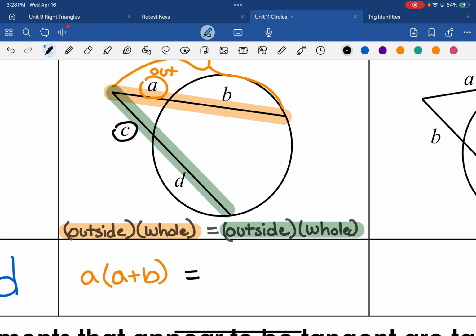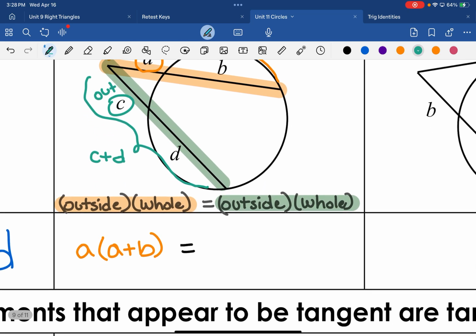C is the outside piece. What is my whole part? C plus D. So my formula or my relationship is going to be C times C plus D. So you take the inside piece, you take the outside piece, and you add them together to get the whole.